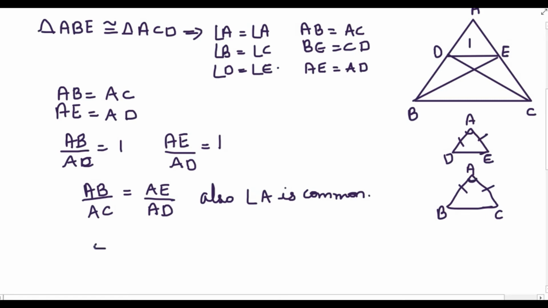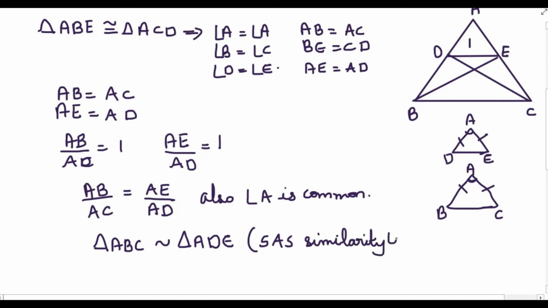So I can say that triangle ABC is similar to triangle ADE by SAS similarity criteria. These two triangles are similar. So we have used the congruence property, and finally we proved that these two triangles are similar.